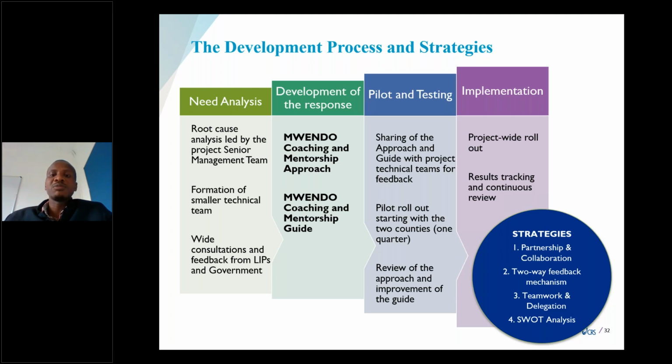It's important for them to listen to each other. So the moment they listen to each other, then that feedback mechanism is very, very critical. And then the teamwork and delegation, ensuring that we were working together as a team, and the supervisors and the supervisees are jointly undertaking their role in a consistent way.